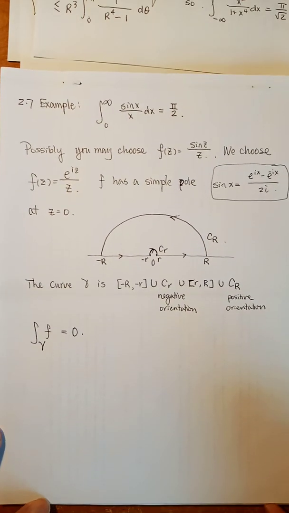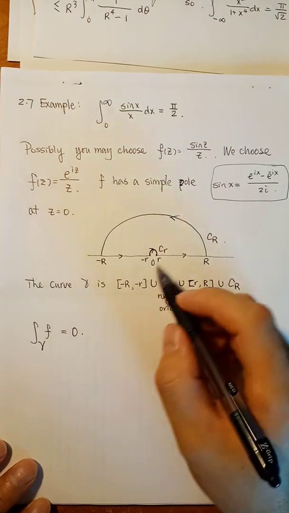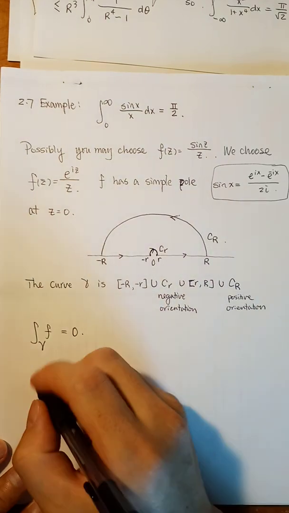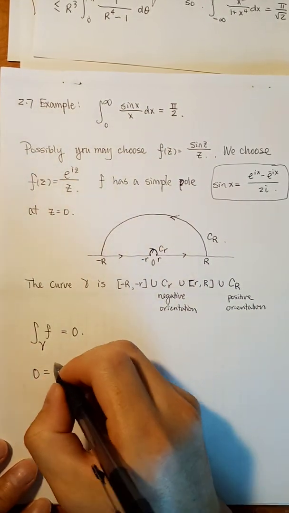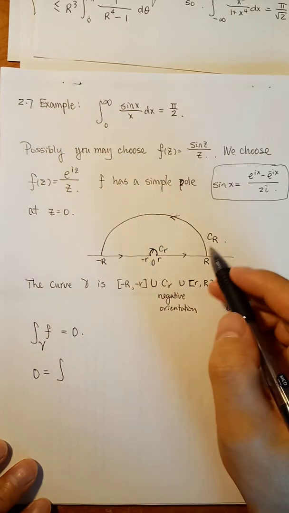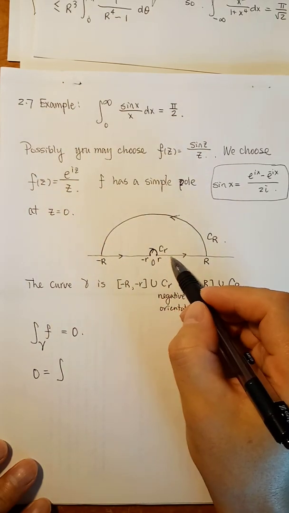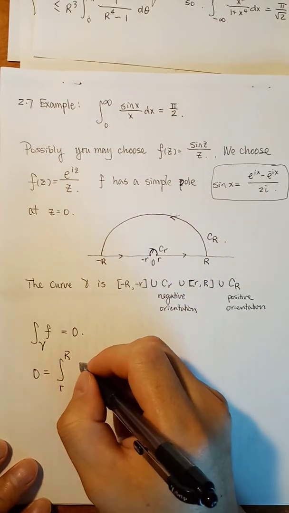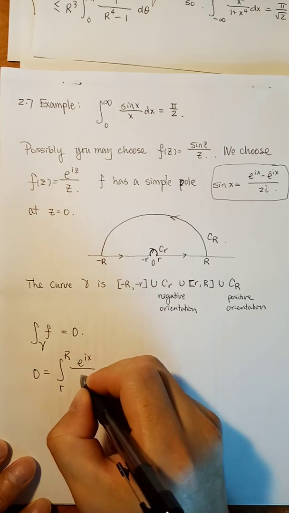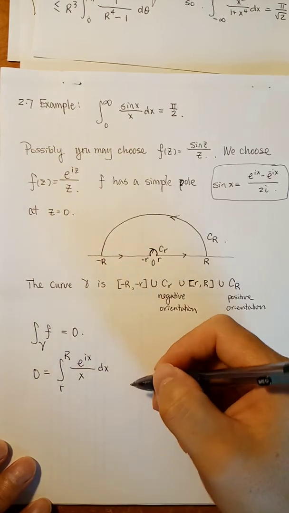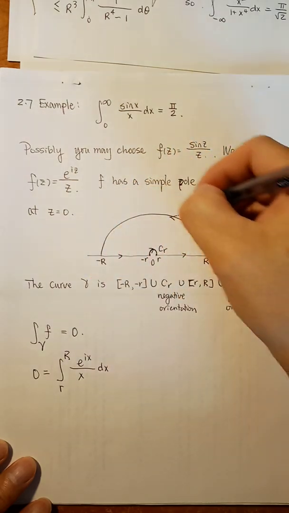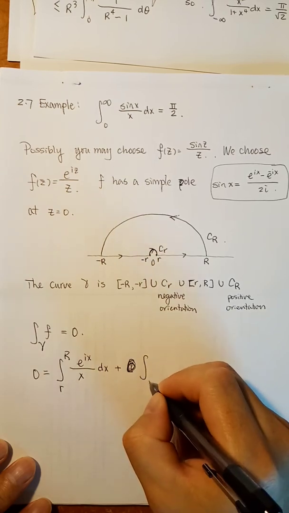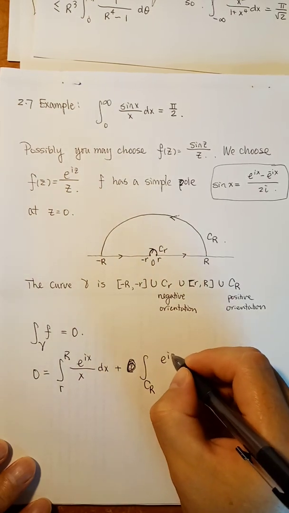Integral 0, and this curve consists of 4 parts, so we are going to write them in 4 different parts. Let's follow the textbook order. This one from little r to capital R, then you have e to ix over x, they are reals. And then along this bigger semicircle, C capital R, e to iz over z dz.